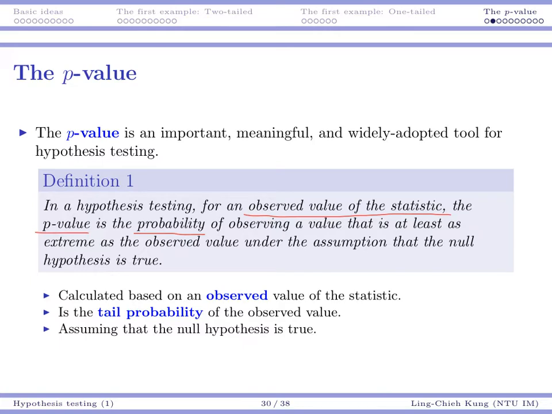We want to ask what's the probability for us to observe something that is at least as extreme as the observed value. So if our observed value is at the left tail, then we ask what's the left tail probability of our observed value. Also, always we assume that the null hypothesis is true.